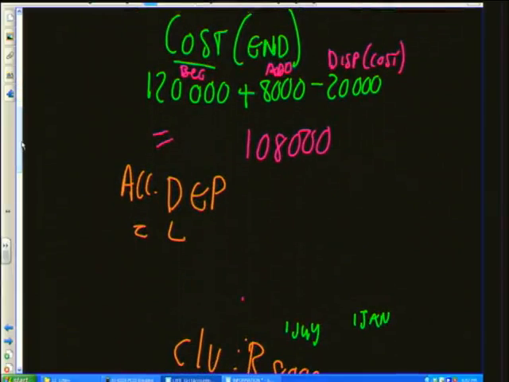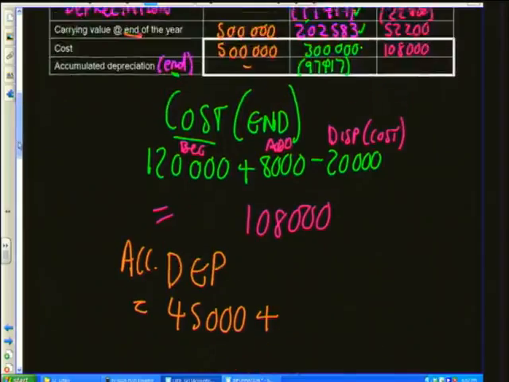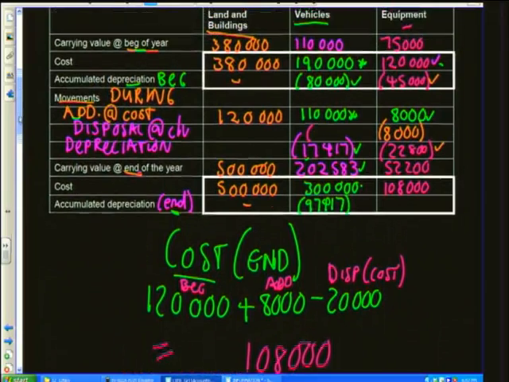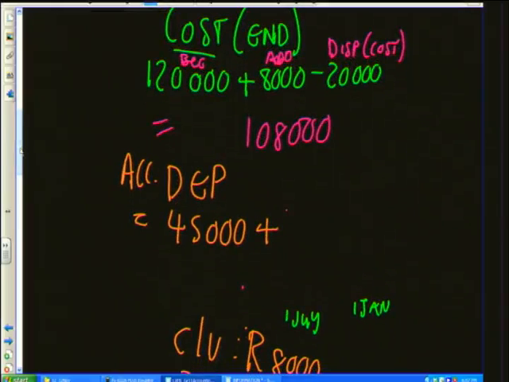Then we add this year's additional depreciation written off, an amount of 22,800.